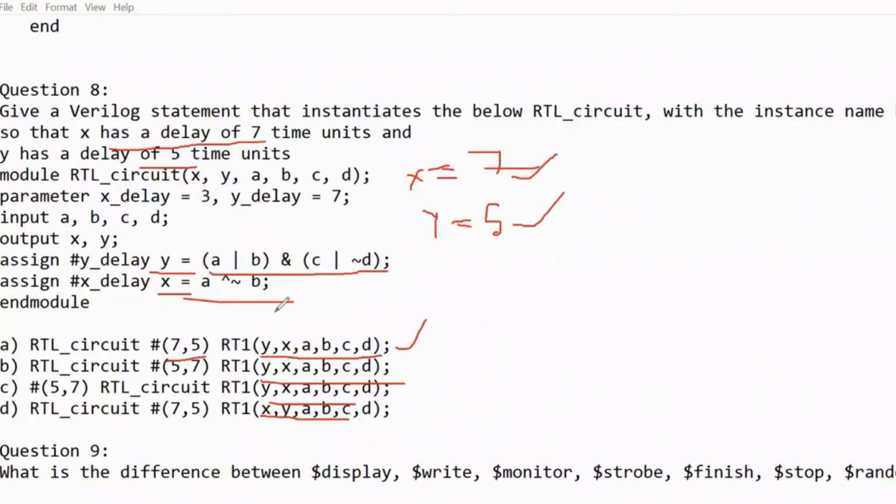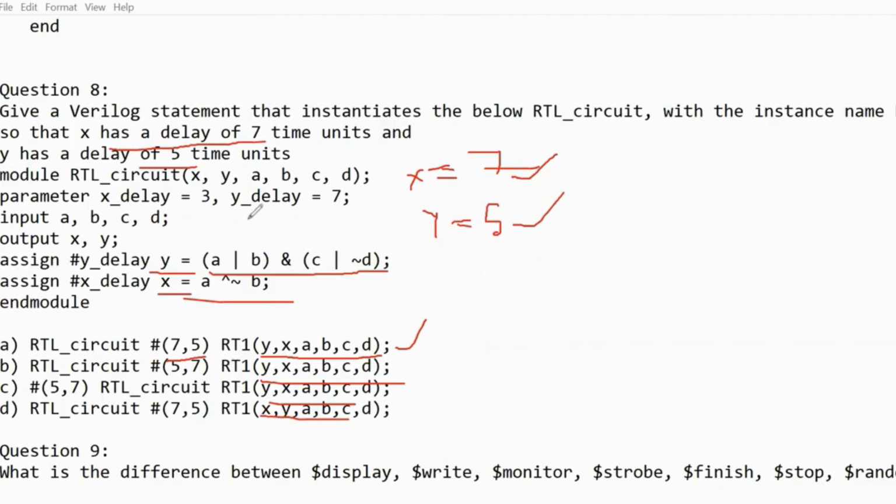Option B. Deepa, how is option B correct? Tell how option D is correct. Ma'am, as mentioned above, x is equal to 7 and y equals to 5.